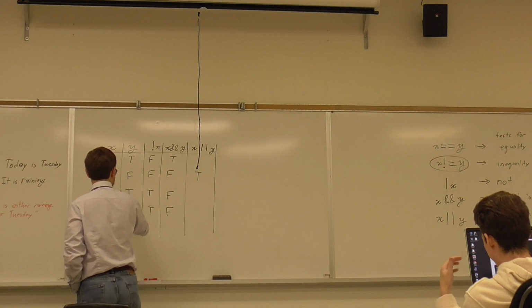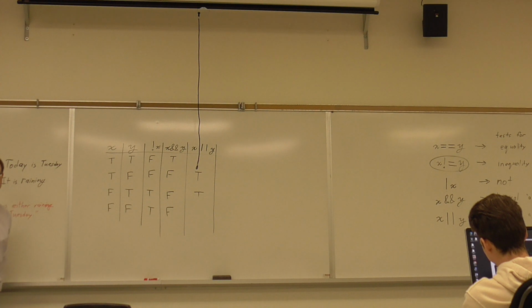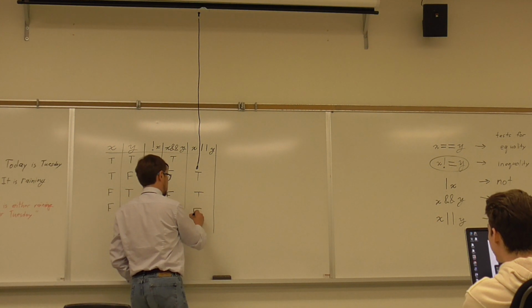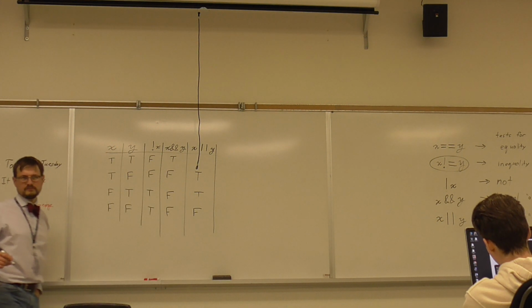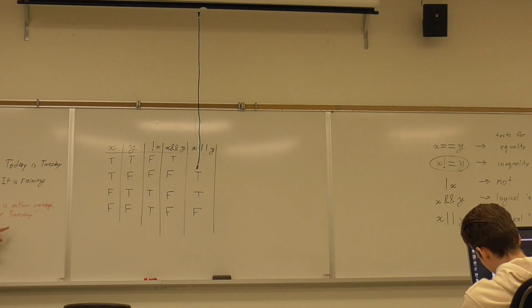And conversely, this one. No demonstration required. If it is not Tuesday and it is not raining, is it either raining or Tuesday? No. So that comes out false. It is not raining, it is not Tuesday, therefore it is neither raining nor Tuesday.